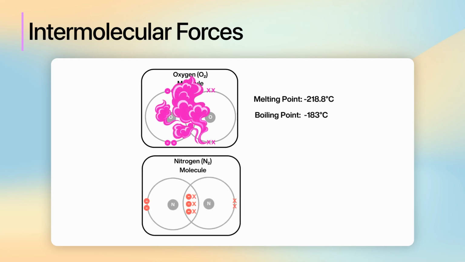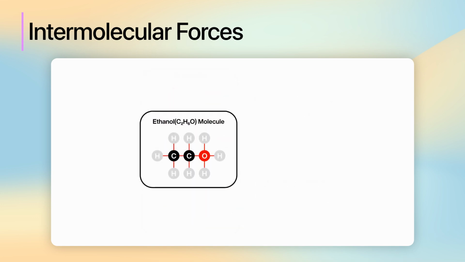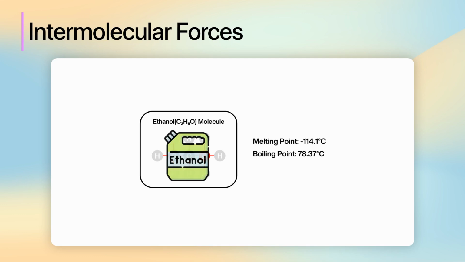Similarly, nitrogen, another diatomic molecule, has a melting point of minus 210 degrees Celsius and a boiling point of minus 195.8 degrees Celsius, making it a gas at room temperature as well. Ethanol, a small molecular substance, has a melting point of minus 114.1 degrees Celsius and a boiling point of 78.37 degrees Celsius, which is why it is a liquid at room temperature.